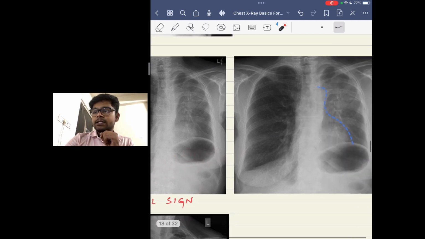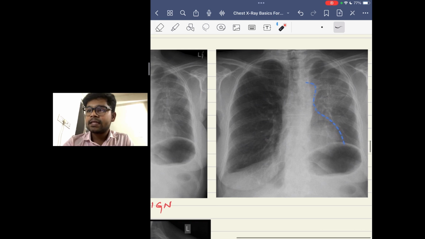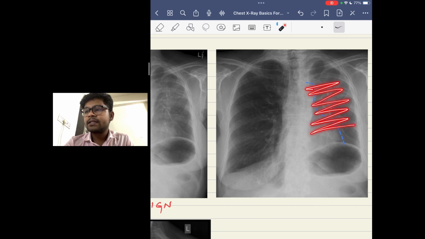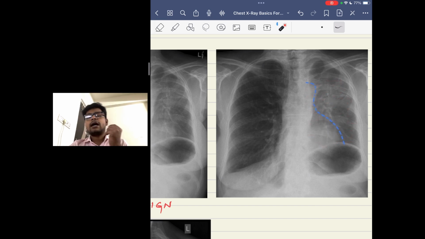See this X-ray? Again, this dotted line represents where there should be the left heart border, but we cannot see that. The diaphragm is no doubt lifted and pulled, and this is a veil sign of left upper lobe collapse.